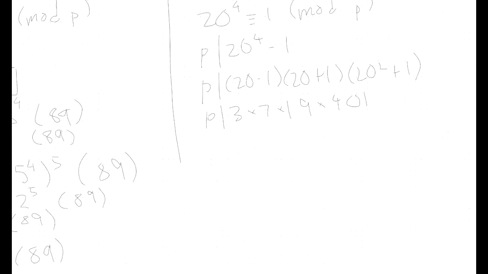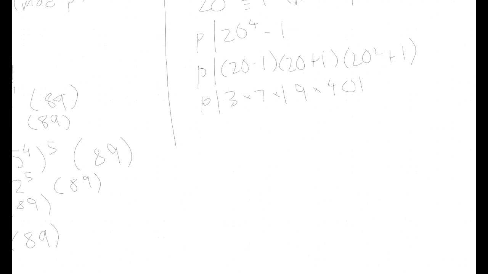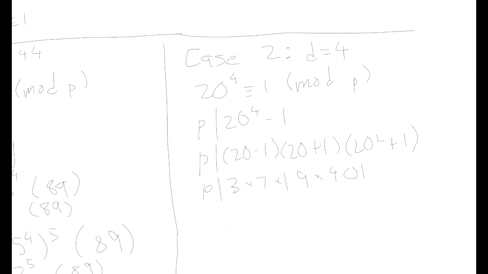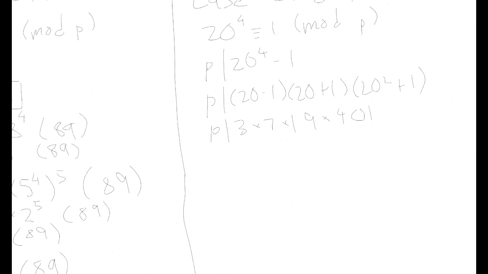Okay, so you can manually check that if p is equal to 3, 7, or 19, then the order will be less than 4, and so it won't work. So that means the only possible case is p equals 401. So we will check that now.